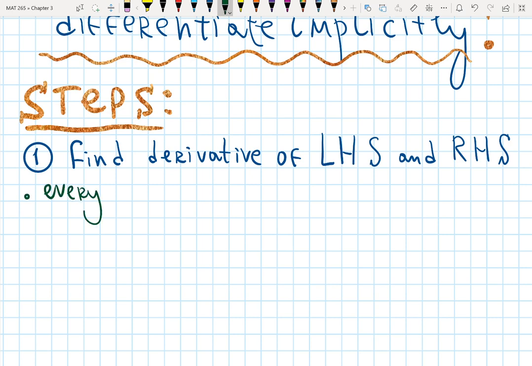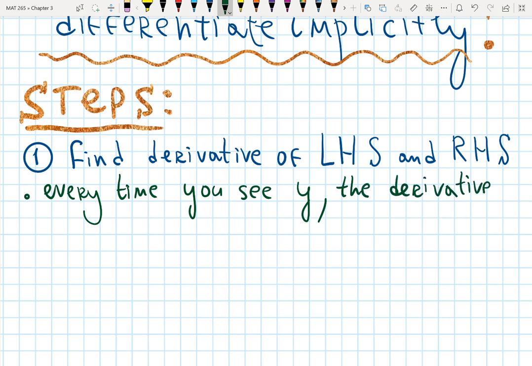Every time you see y or dy by dx, the derivative is y prime. So let's do it this way.